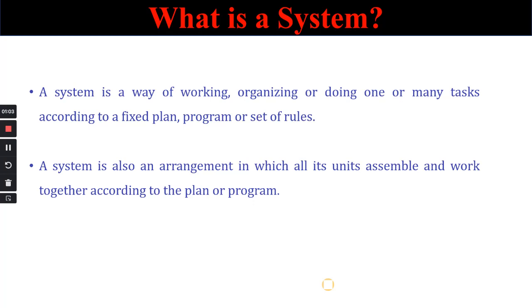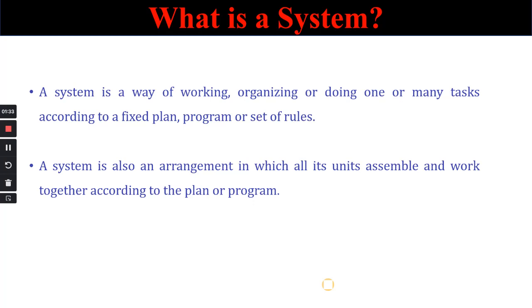A system is a combination of multiple hardware units, and they work together as a system.